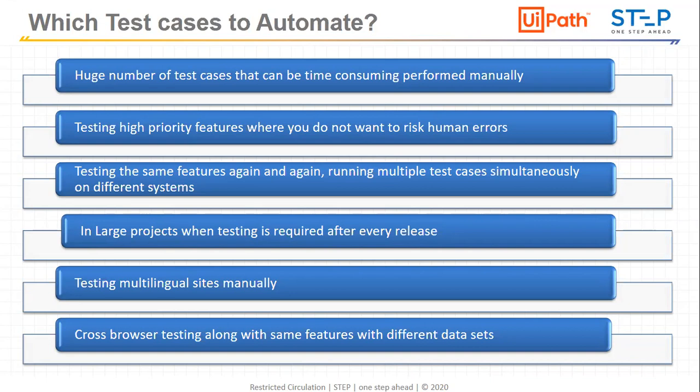So I can miss any combination, I can miss any defect, and that will be a defect leakage from our side to production. It will be a bad financial impact in the case of a banking or finance application. It will be a bad impact in the case of a hospital application.